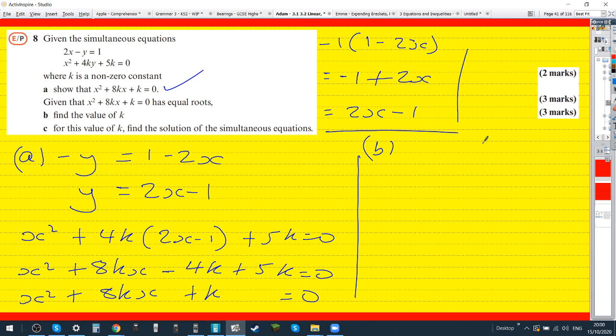Don't do that. This thing has equal roots. Find the value of k. You want to keep k on the same side, right? Doesn't matter. Equal roots. What do you know about that? It's equal to 0. What is equal to 0?